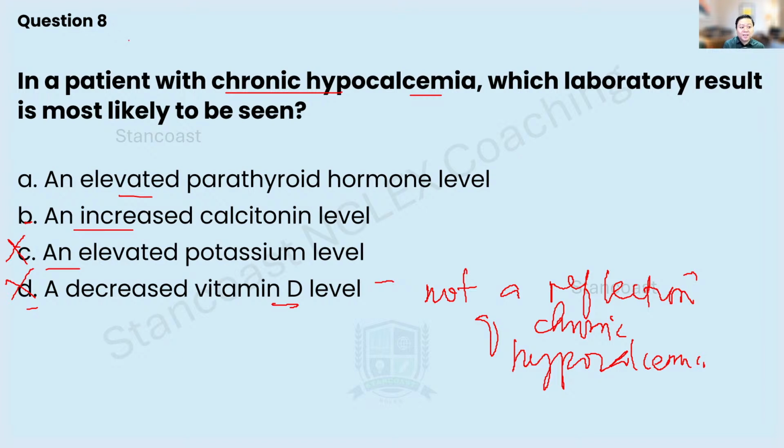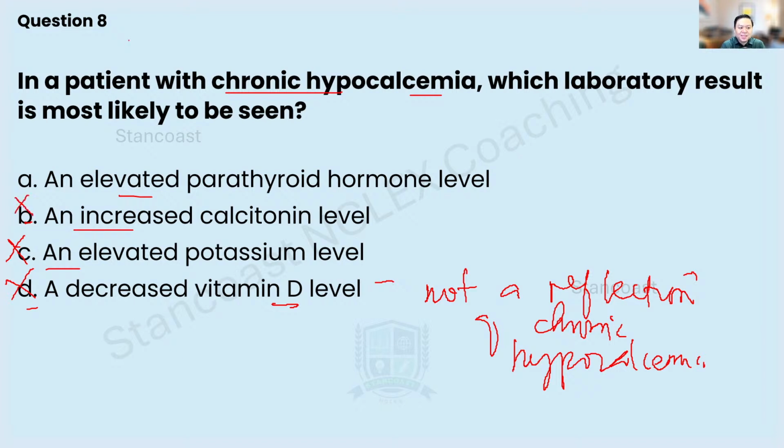It will not alleviate the hypocalcemia. This would typically decrease the calcium levels, but it will not alleviate the hypocalcemia. Take note, guys, that our hormones, PTH and calcitonin, are released in response to something problematic. Okay? So letter B is incorrect.